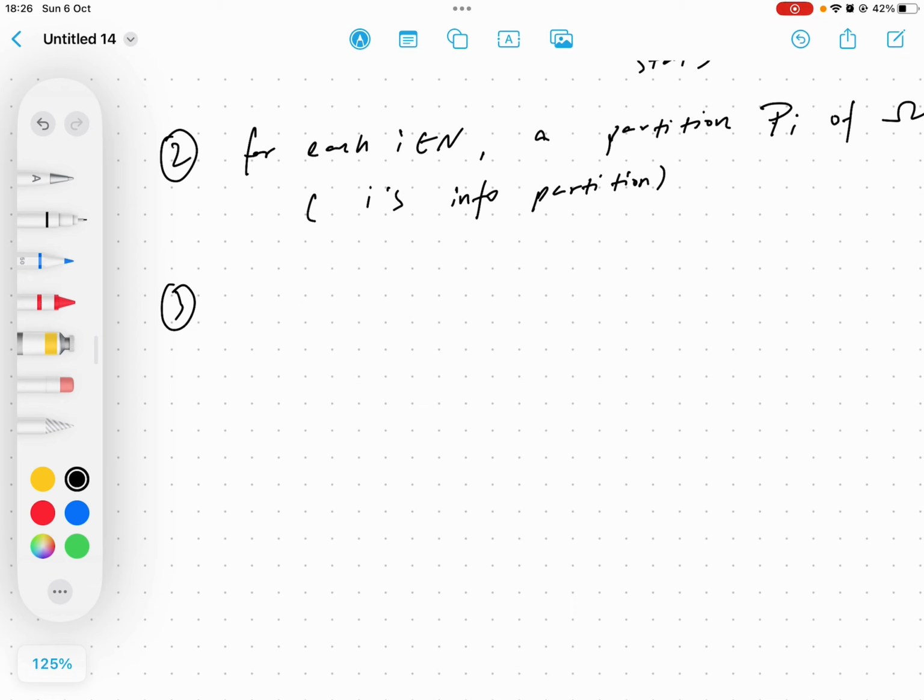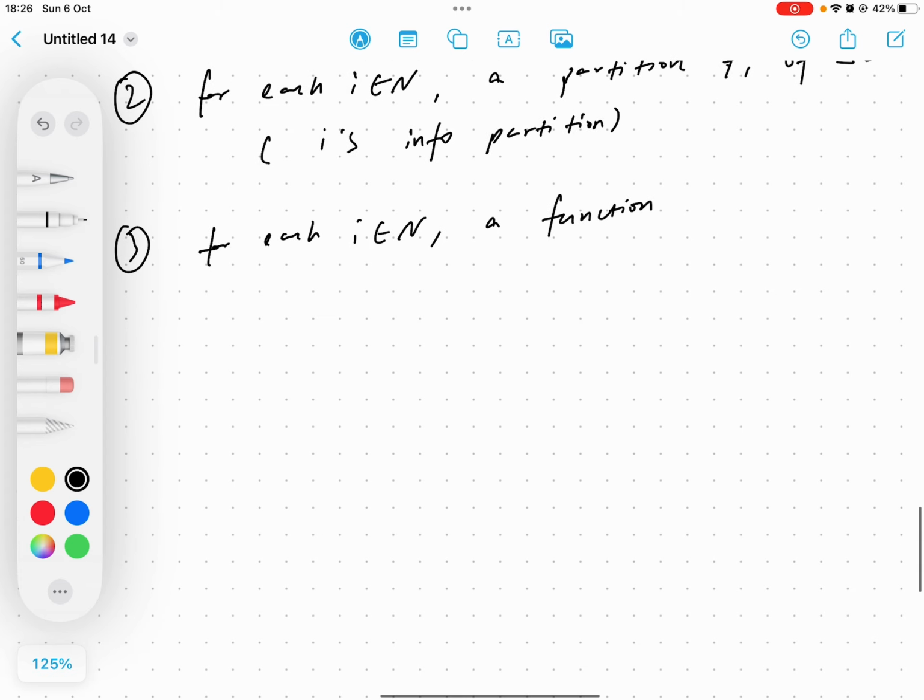Okay, so third, for each I, a function or a map is also part of this equilibrium.